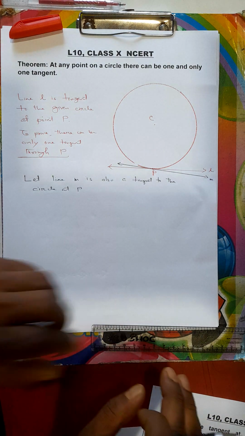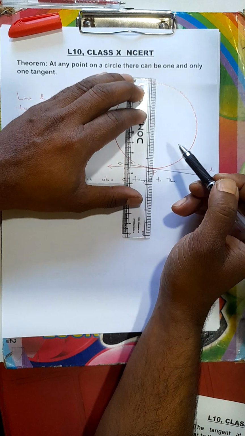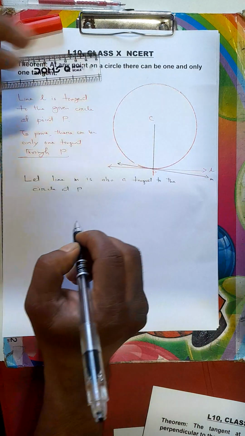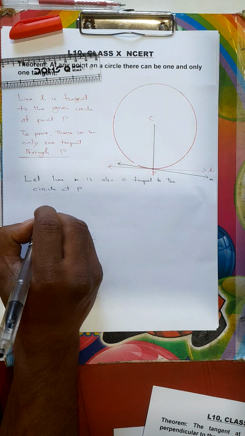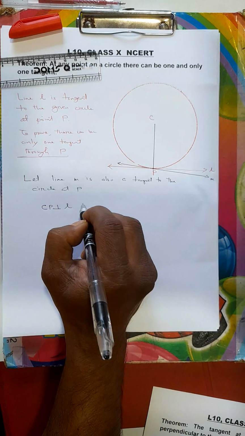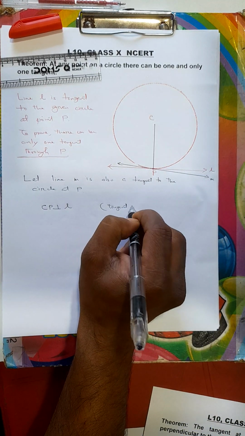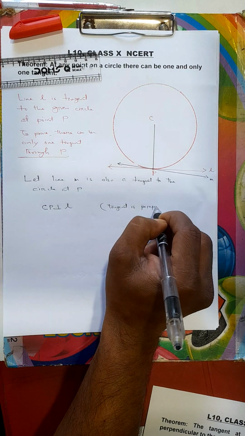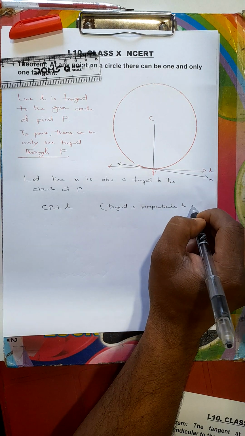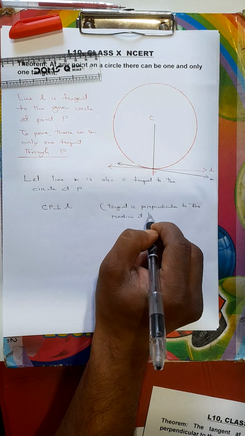Now, in the earlier theorem, we proved that tangent is perpendicular to the radius at the point of contact. Right? So we say CP is perpendicular to L. Why? Tangent is perpendicular to the radius at the point of contact.